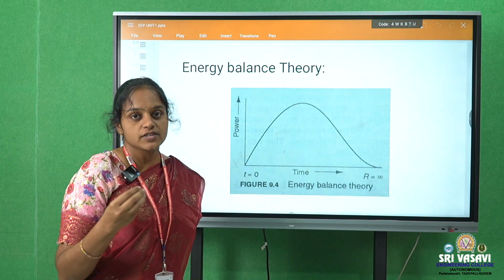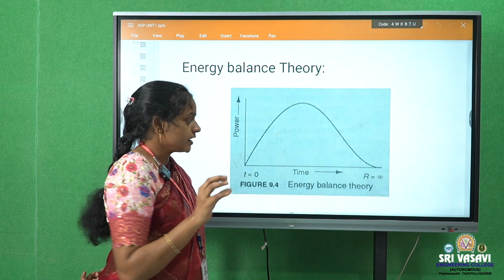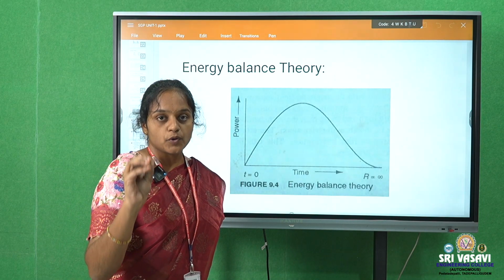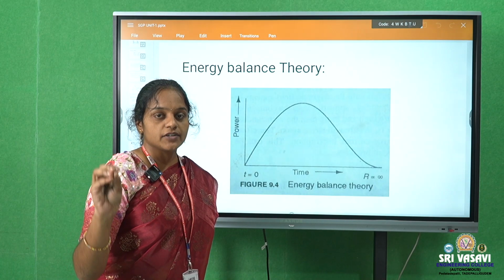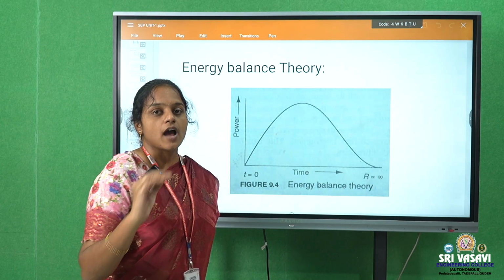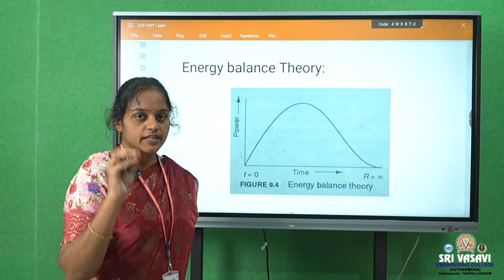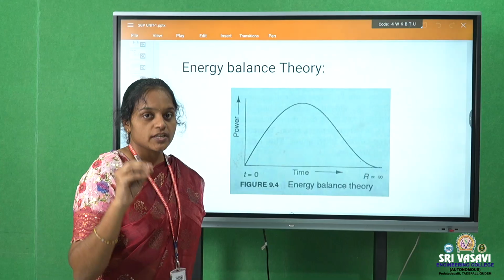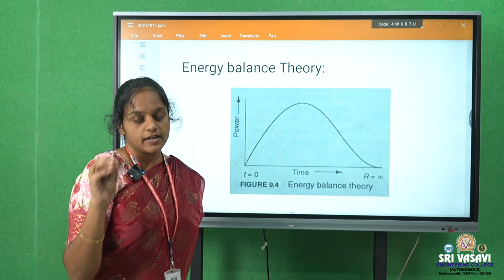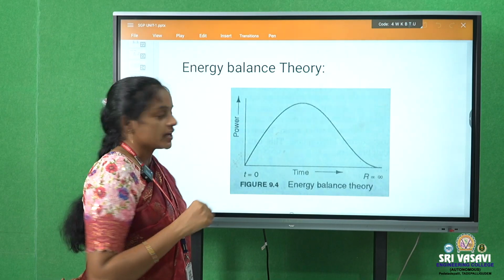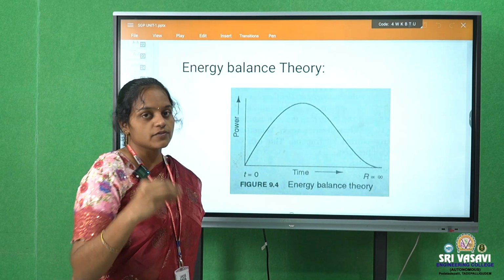Because of this high resistance, more heat is dissipated in between the contacts. If the rate at which heat is produced is higher than the rate at which heat is dissipated, then the arc will remain. Whenever the rate at which heat is produced is lower than the rate at which heat is dissipated, then we can reduce the heat and extinguish the arc.